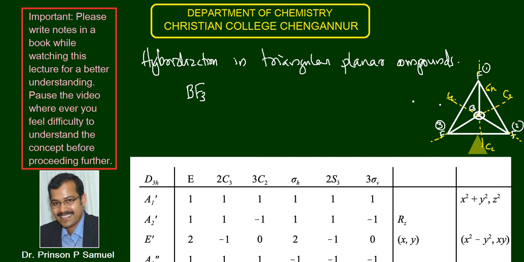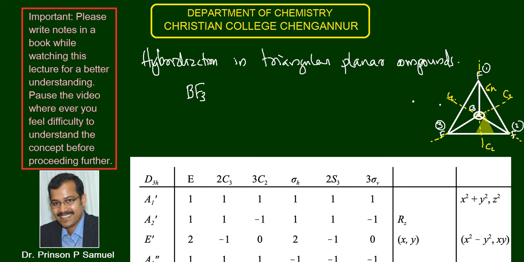And in addition to that, there is S3. What is S3? That is the improper rotation, right? So the S3 axis is actually coinciding with the C3 axis itself. So the C3 axis and S3 axis are the same axis, but the operation is different. C3 means a rotation by 120 degrees, but S3 means a 120 degree rotation plus a reflection perpendicular to the plane of rotation.